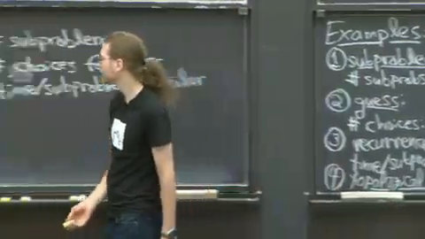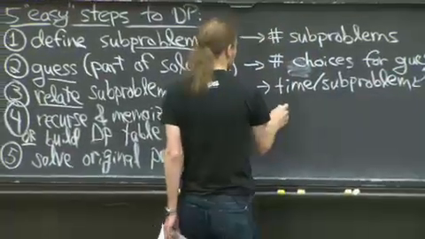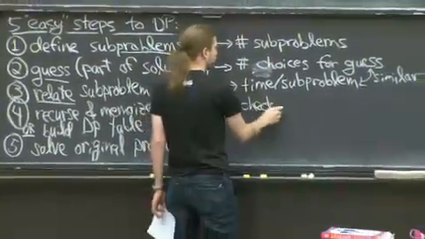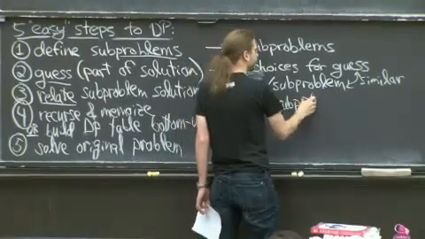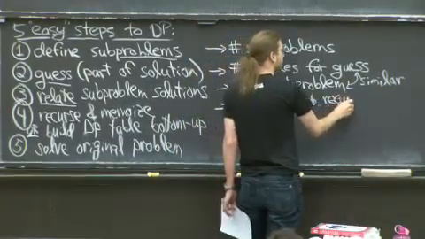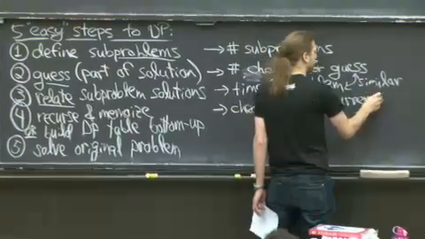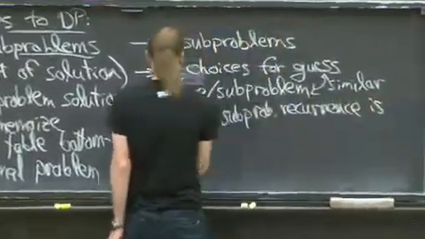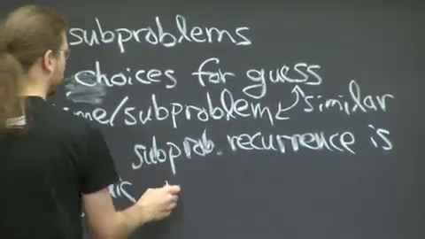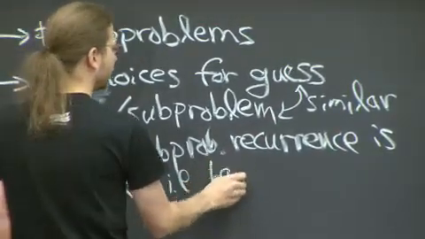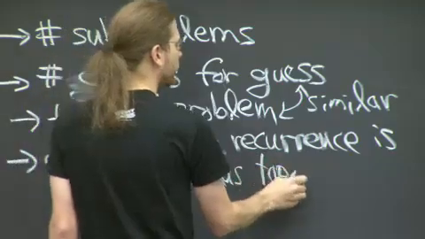And in general, what we need to check here is that the subproblem recurrence is acyclic. In other words, that it has a topological order.